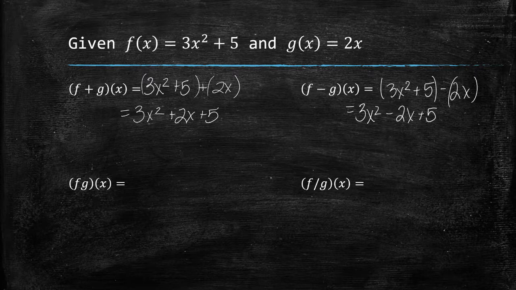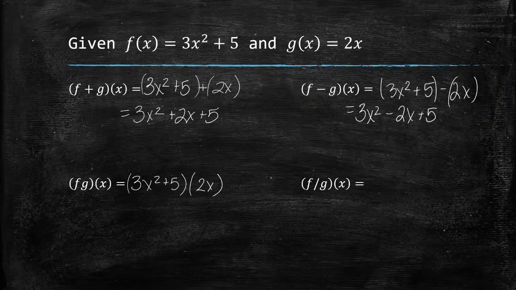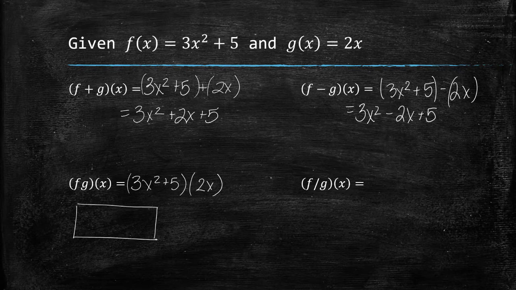Now when I'm multiplying, I'm going to take my f function and I'm going to multiply by my g function. This is where, depending on what your two functions are, that box comes in kind of handy. You don't necessarily need it in this one because it's just distributing. But remember this guy, and you multiply the pieces.